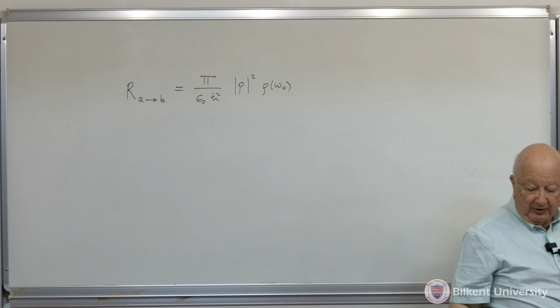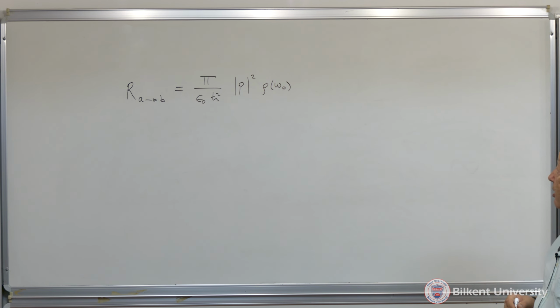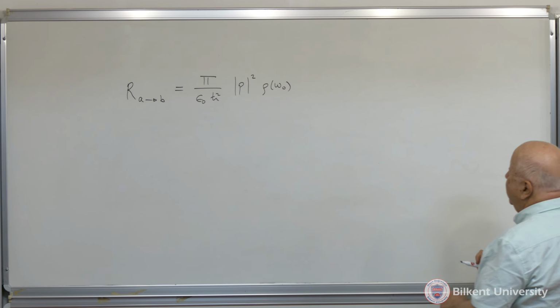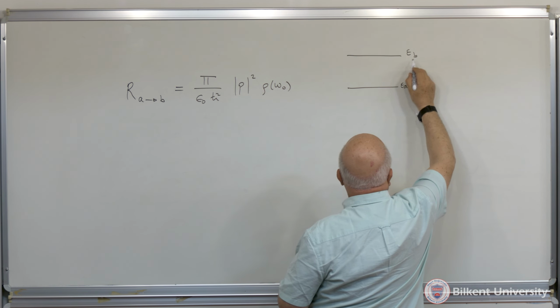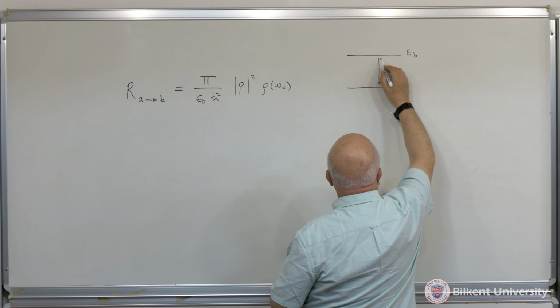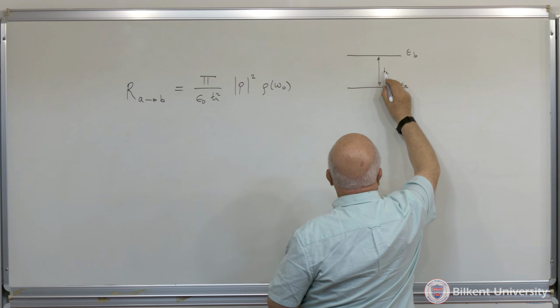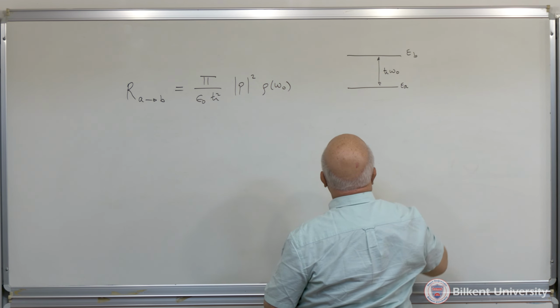That's where the epsilon 0 comes from. And so the transition rate from A to B, remember what A and B are. These are two energy states, EA, EB, with an energy difference of h bar omega 0.